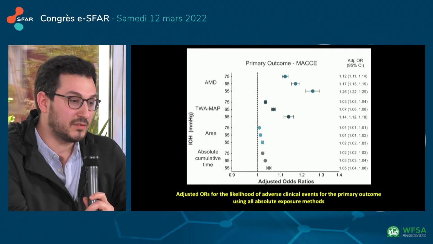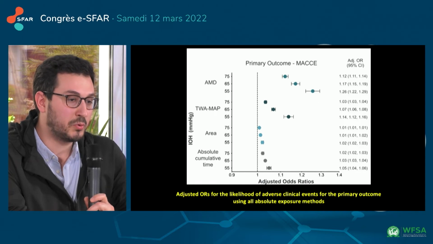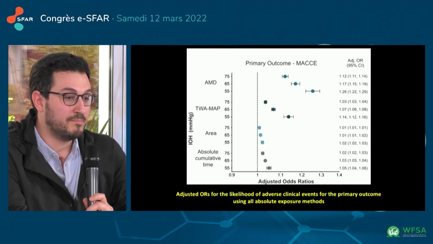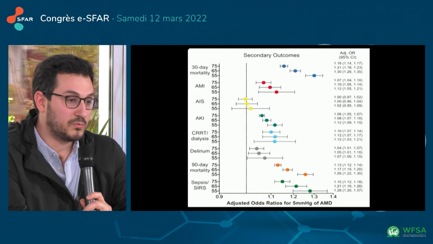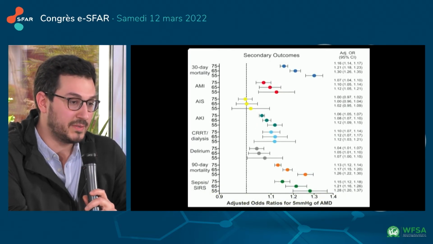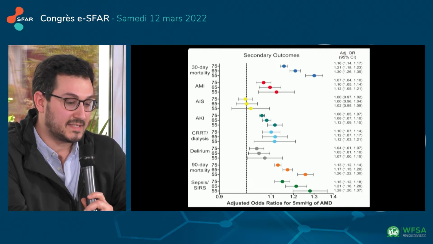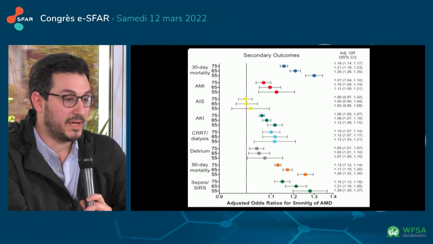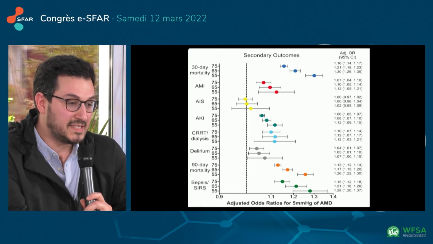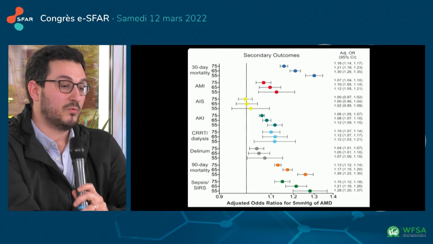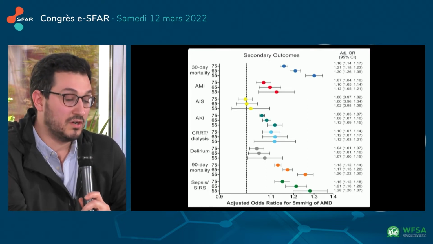What they showed is that whatever the definition, the primary outcome, which was major adverse cardiovascular events, was significantly associated with a higher incidence of this event. What we also know is that as secondary outcomes, you can see that there is a higher risk of acute myocardial injury, acute kidney injury, and also 90-day mortality and sepsis when blood pressure goes down.